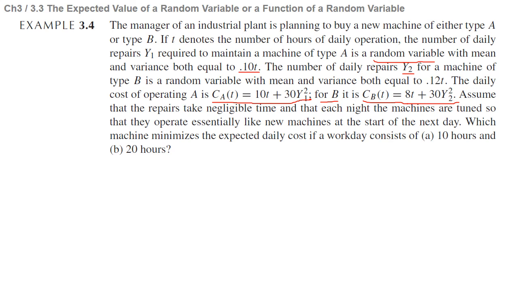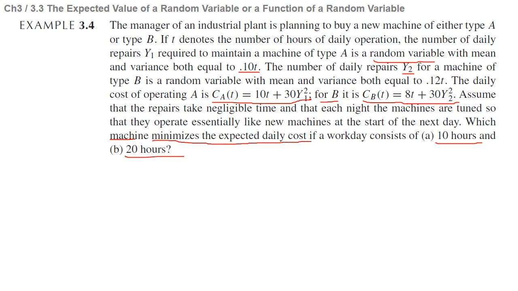Which machine minimizes the expected daily cost if a workday consists of 10 hours and 20 hours? Okay, so the problem is we want to find the machine that minimizes the expected daily cost.